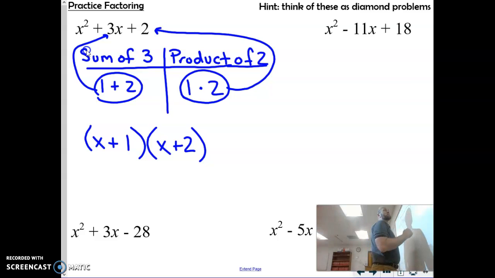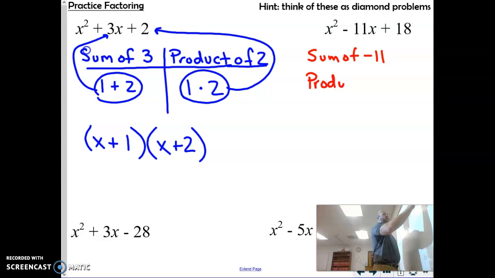So here, in our next example, x squared minus 11x plus 18, we're going to start with those same two simple questions. Sum of negative 11. That was the first example. My apologies. And a product, in this case, of 18.